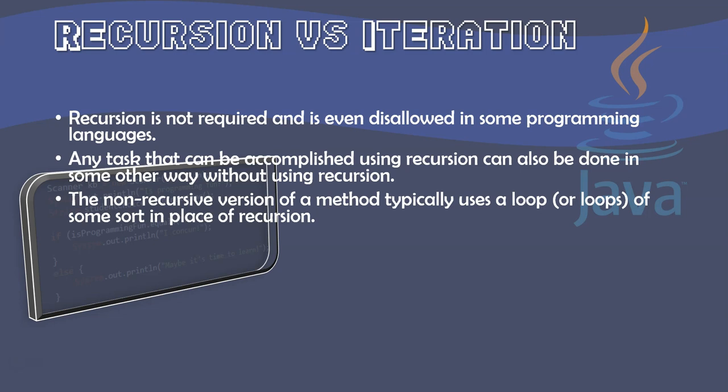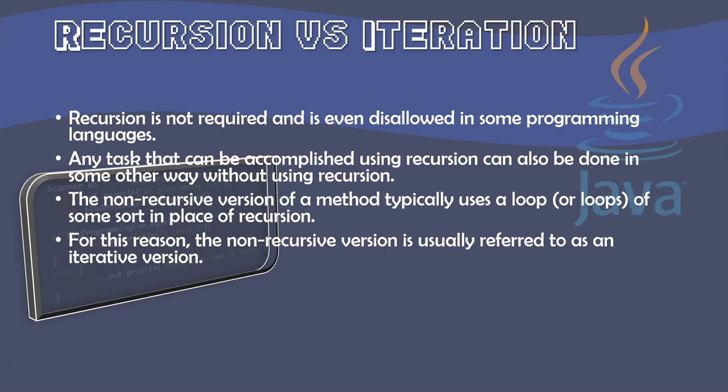And the non-recursive versions of methods, which we are familiar with as iterative approaches, typically are going to use a loop or multiple loops of some kind in place of using recursion. For this reason, the non-recursive version is typically referred to as the iterative version, because we're iterating through a loop, which is the easy way to remember that.